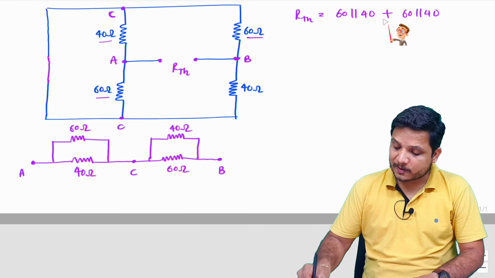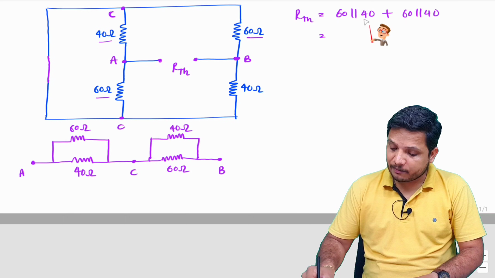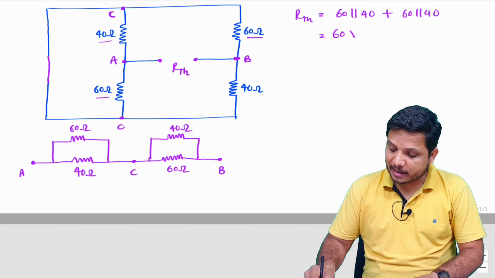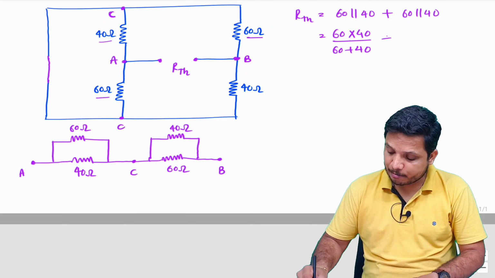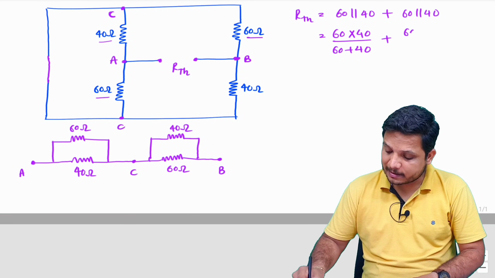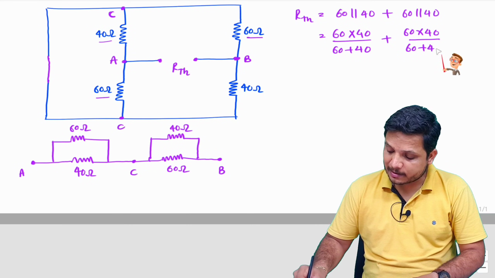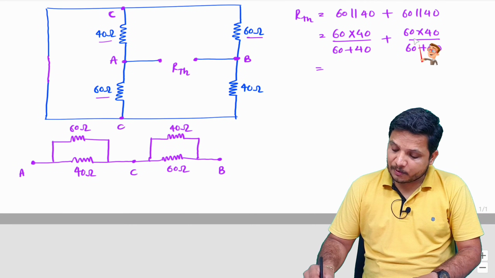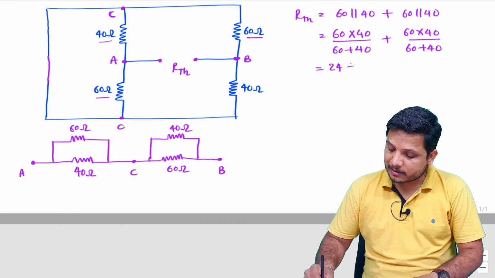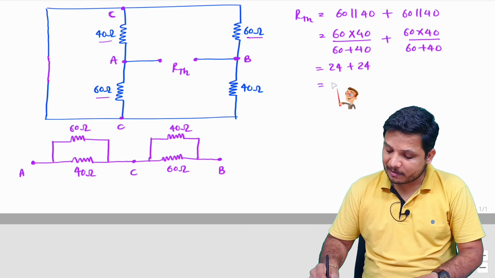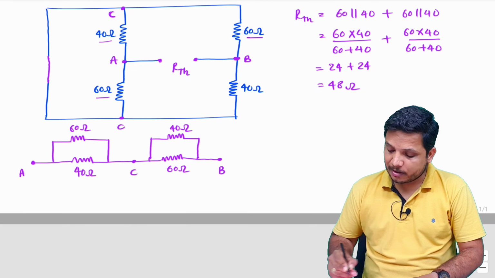For series it should be plus, and for parallel it will be 60 into 40 divided by 60 plus 40, plus again 60 into 40 divided by 60 plus 40. If you solve this, this is 24 and this is also 24, so that will be 48 ohm, right.